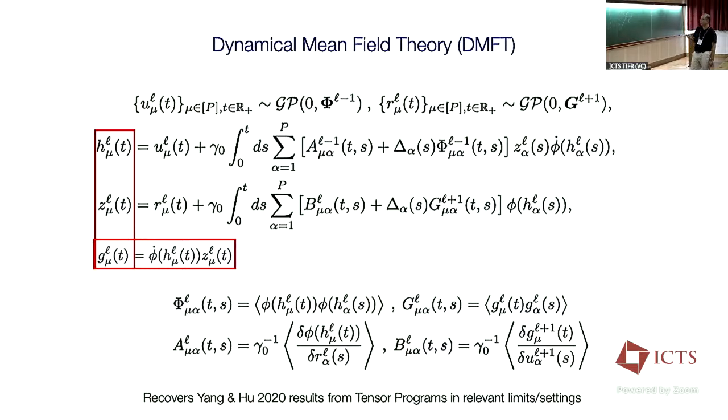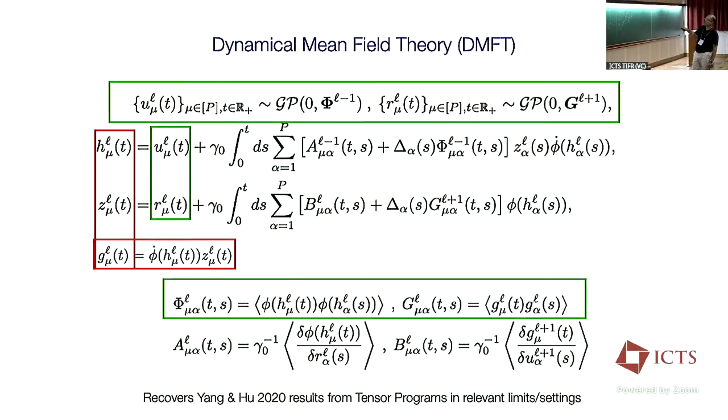So let's look at those. First, let's look at this mu, U, and R variables. Let's get this first U. This U is basically a Gaussian process, and its statistics are defined by these phi kernels that carry on from the previous layer. You see a bunch of terms here.